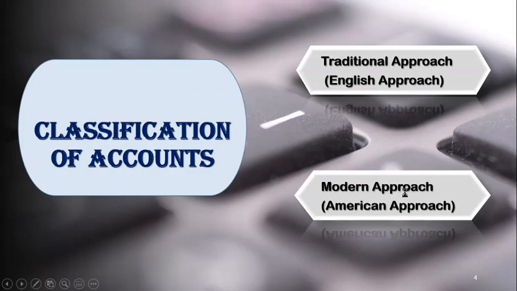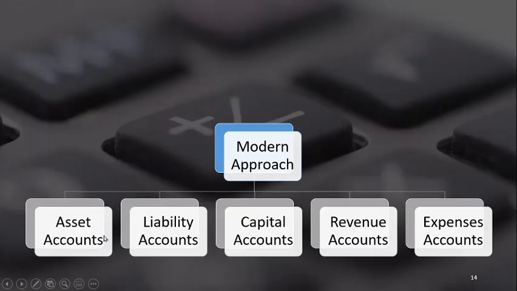Now the modern approach says the accounts are divided into five categories: asset account, liability account, capital account, revenue account and expenses account. So these are the five categories in which the accounts are divided as per the modern approach. The modern approach says there is no real, nominal and all, just these five.